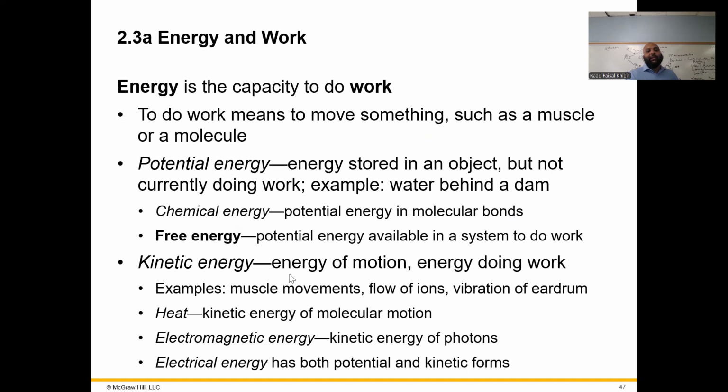Kinetic energy is the energy of motion. It powers the motion of molecules from one place to the next, and energy doing work. Examples would be muscle movement, the flow of ions, and the vibration of the eardrum. Heat is the kinetic energy of molecular motion. If you look at water, first you have ice, very cold.